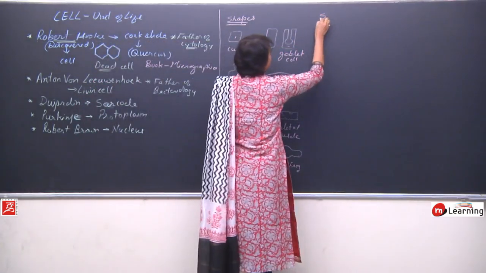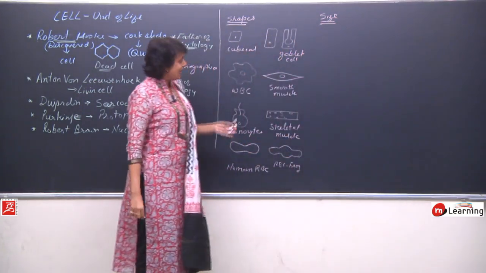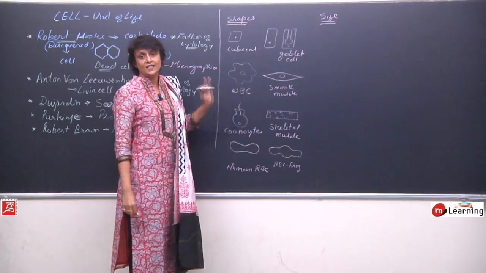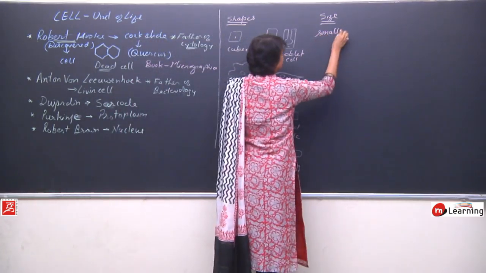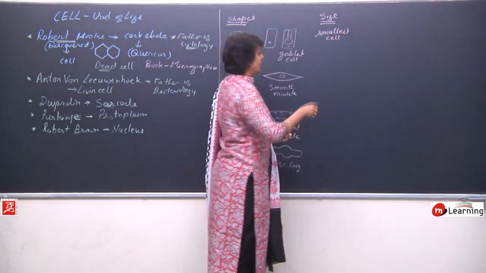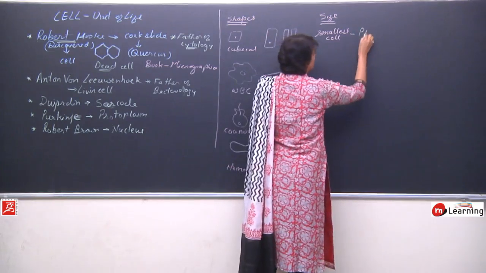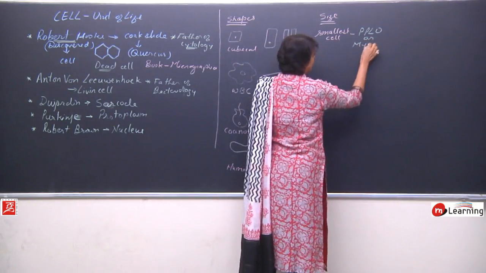Let us talk about the size. What is the size of a cell? As the shapes are variable, sizes are also variable. The smallest cell is PPLO, or it is also known as mycoplasma.